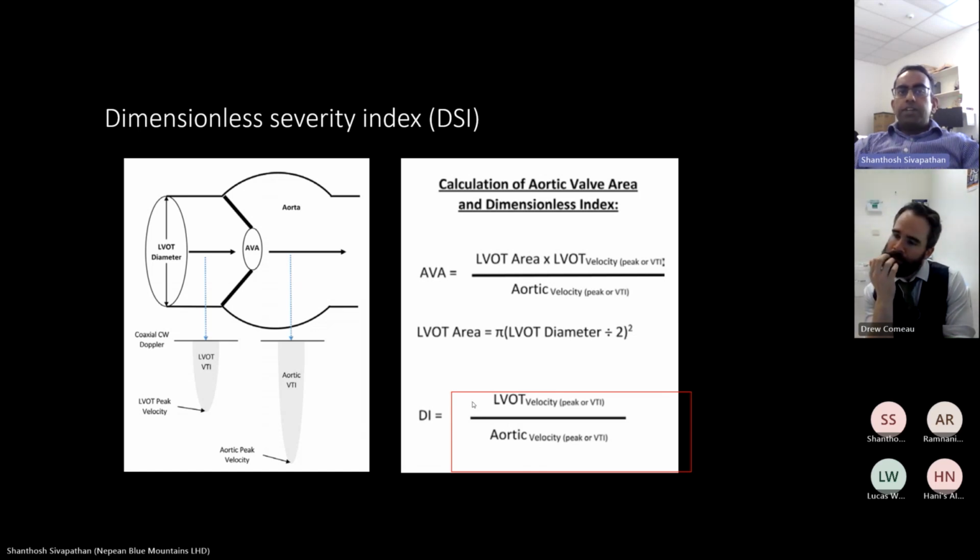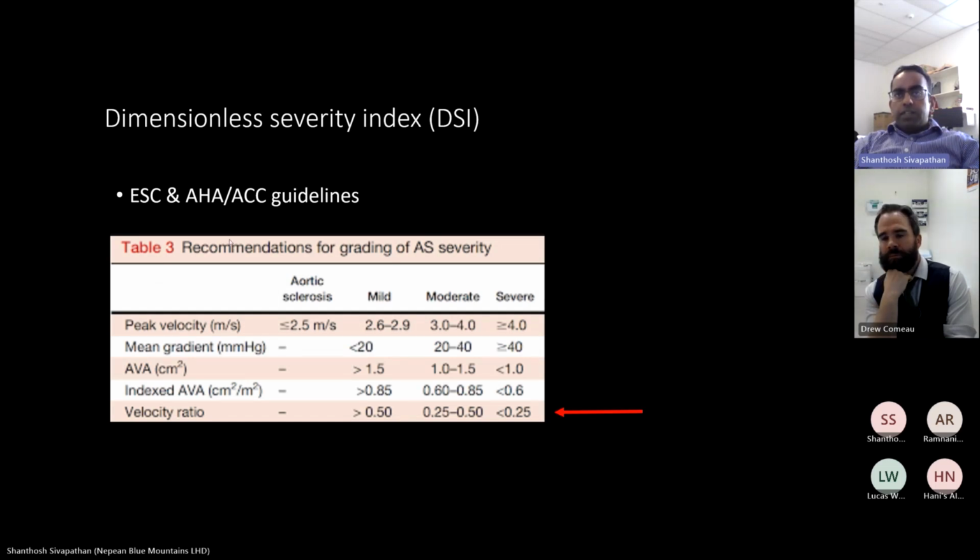And so what they've done is they've graded it. If you get a dimensionless index of 0.25 or less, it corresponds to a valve area of 25% of normal, and that is what they've graded as severe. So if you look at the ESC AHA guideline, if you include a number of the parameters together, we talked about peak velocity, and a peak velocity of more than 4 meters per second is considered severe.